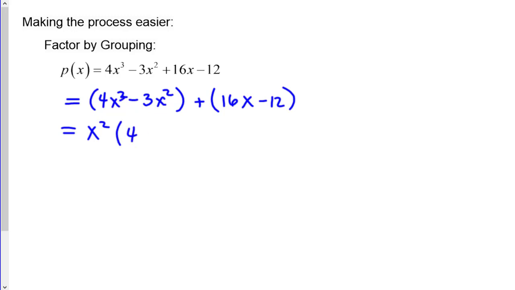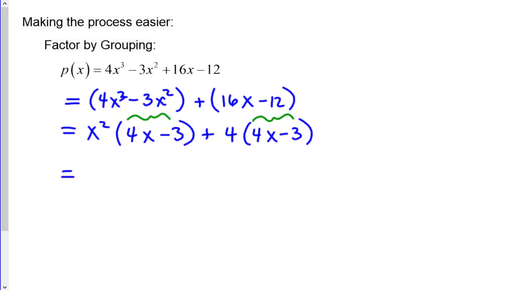So that leaves me 4x minus 3. And in the second group, I can pull out a 4, which would also leave me 4x minus 3. Now here's the important thing, that this piece and this piece match, because that now factors out as its own part. And it's going to leave me with x squared plus 4.